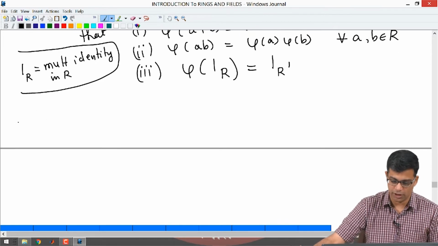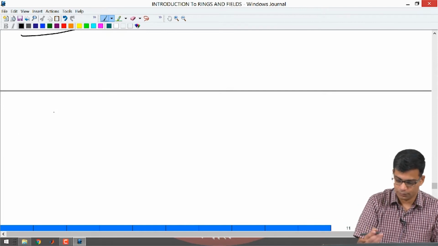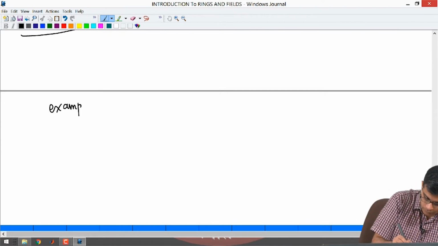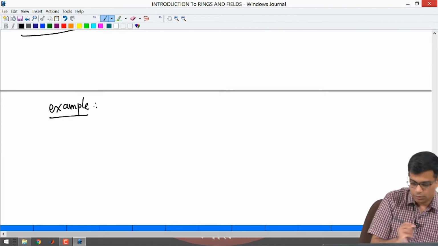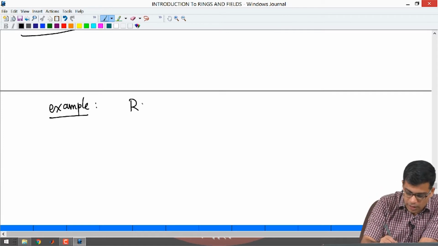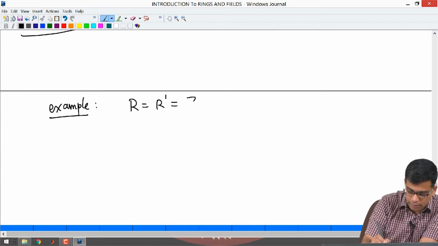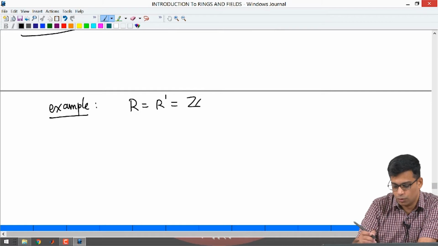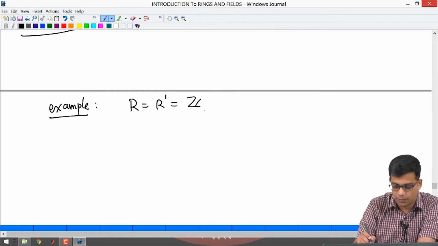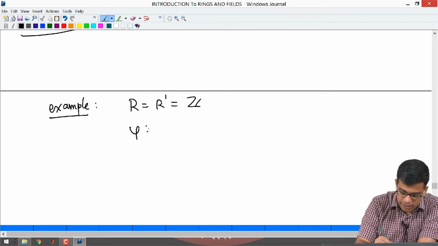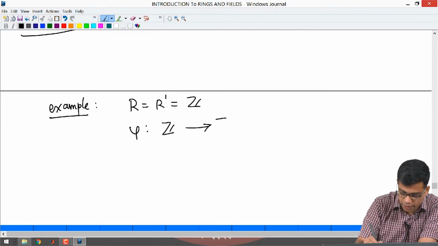First, as an immediate example, let us look at R and R prime both equal to the ring of integers. So, R and R prime are equal to Z. What is a ring homomorphism?